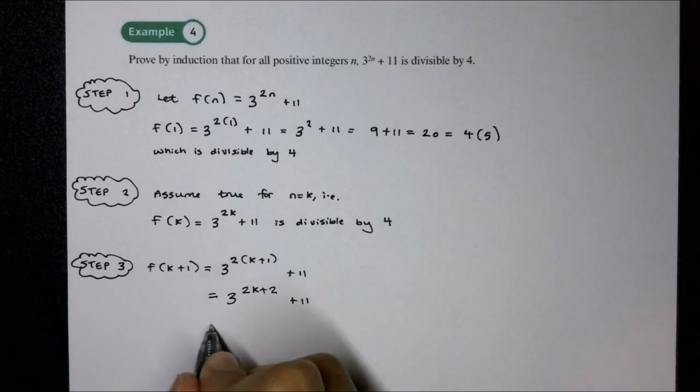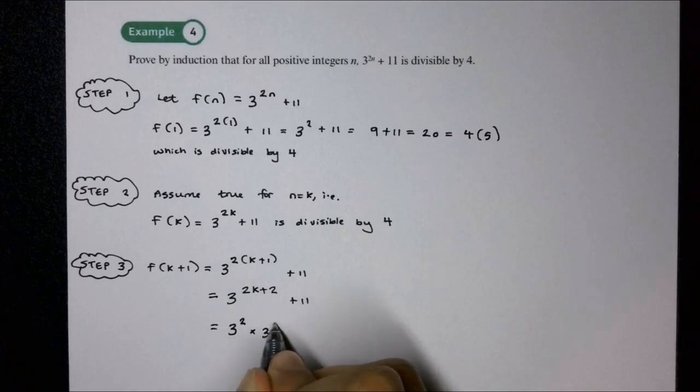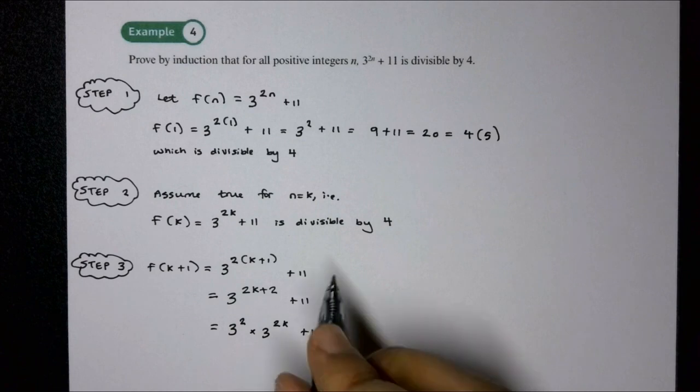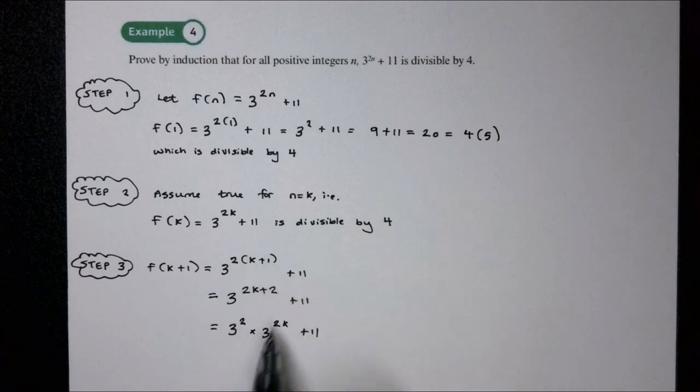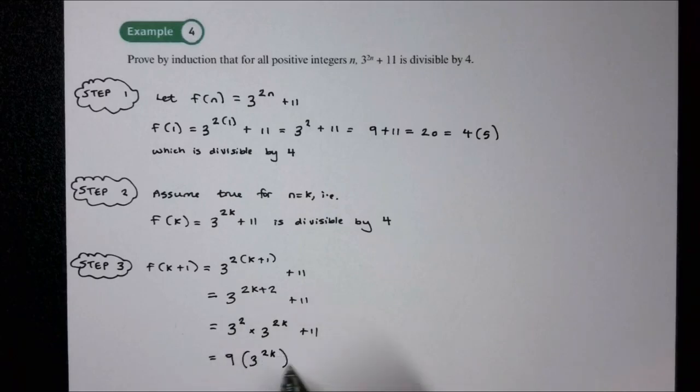Now, we can rewrite this as 3 squared times 3 to the power of 2k, and then we still add on this extra 11. This now is similar to what we have over here. The only difference is this time, we've got the 3 to the power of 2k being multiplied by 3 squared, which is 9. So we've got 9 lots of 3 to the power of 2k plus 11.